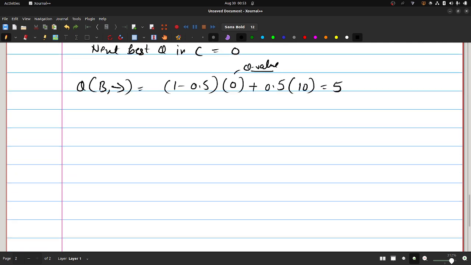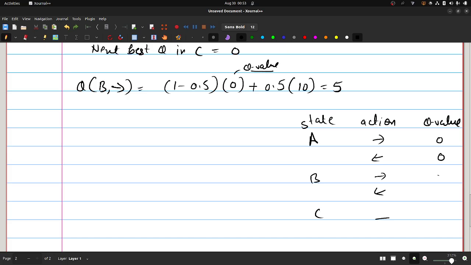So it is state, action, Q value. States are A, B, C. These are two actions, right and left. So the Q value is not updated for A. For B, it is updated when it takes a right action, so it is equal to 5, right?